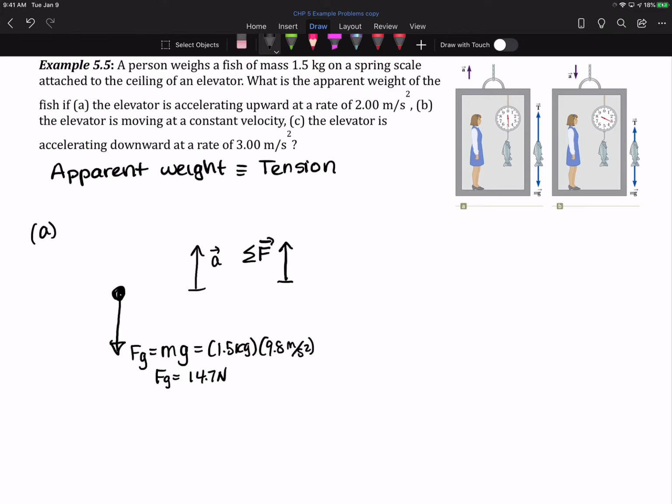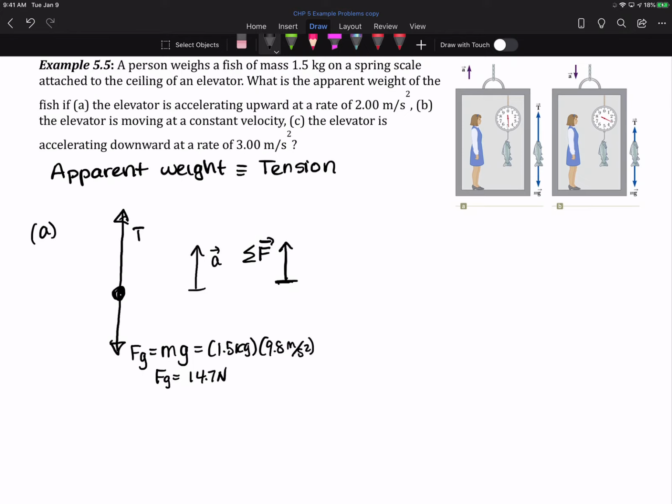So when I draw in my tension in my picture, I realize that my tension is going to have to be bigger than the force of gravity, because that tension has to produce a force that's going to be bigger than that gravitational force to produce an upward net force on the fish.